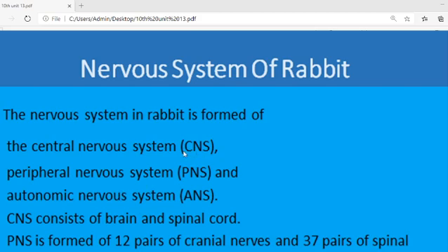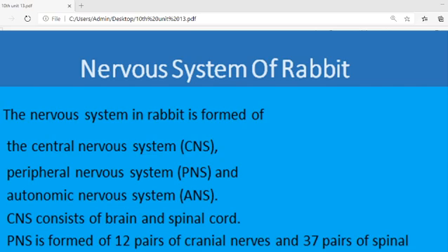The central nervous system consists of the brain and spinal cord. The peripheral nervous system consists of cranial nerves and spinal nerves. Cranial means the head region, the cranium, so these nerves go to the cranial region.